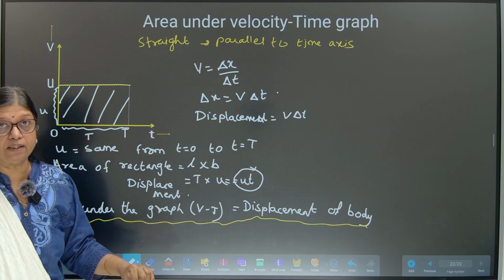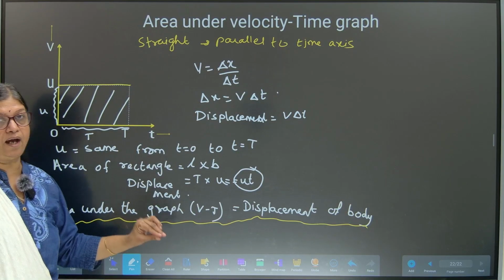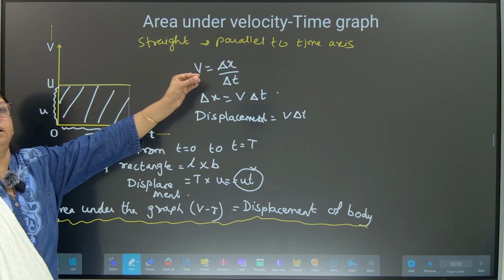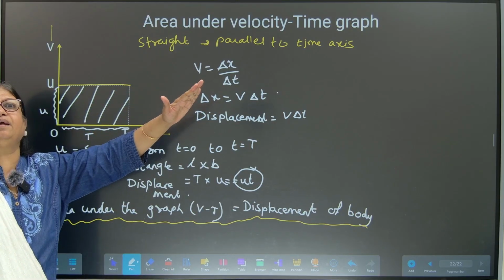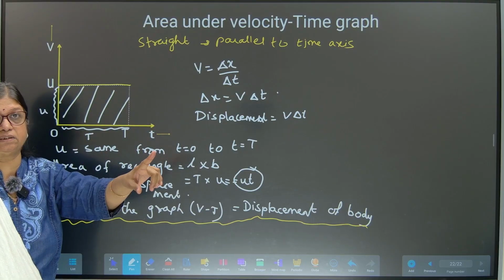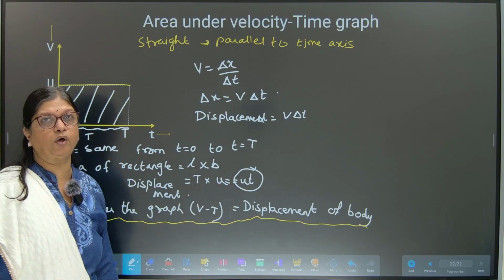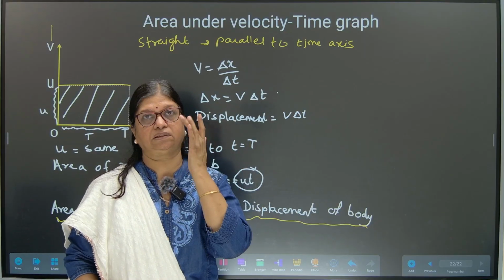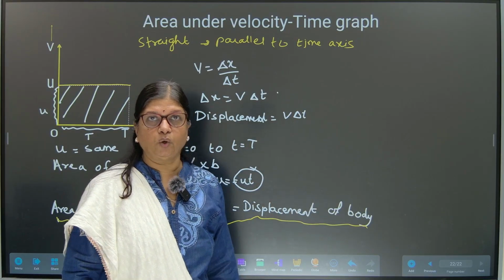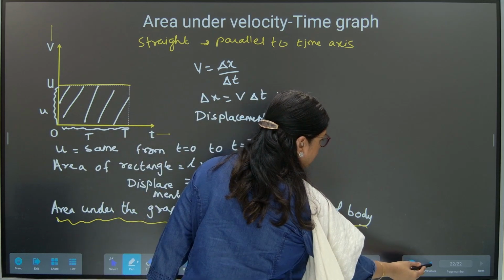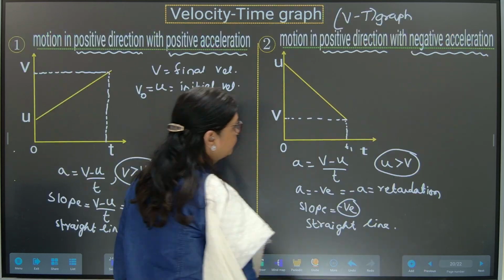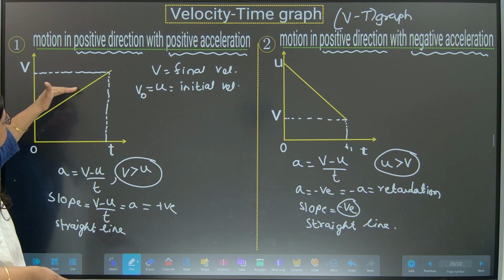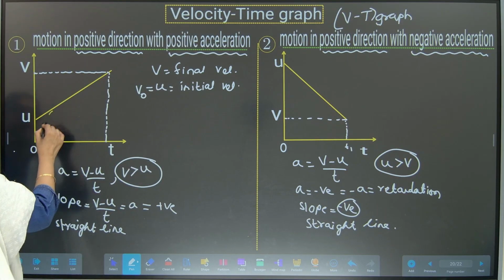So we concluded that the area under the graph, any kind of graph, whether it is parallel to the time axis or inclined to the time axis, will give us the displacement of the body from the time it started till the time it ends the journey. Similarly, if we go to the previous pages and want to find the displacement of this body, how much area should I find out?